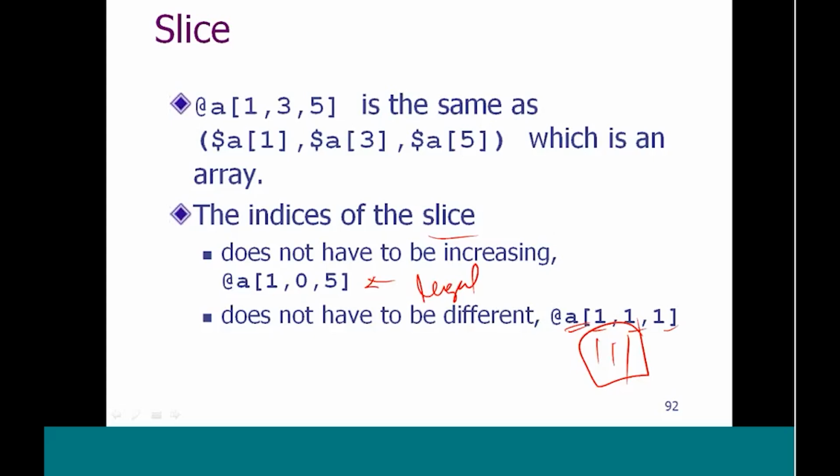Basically, the @ sign with the name, and then we can specify multiple elements as comma separated indices, and essentially that specifies which are the various elements of that array.